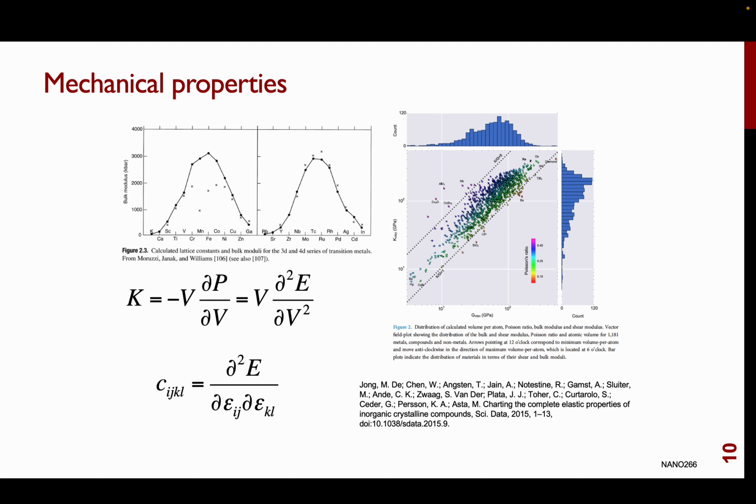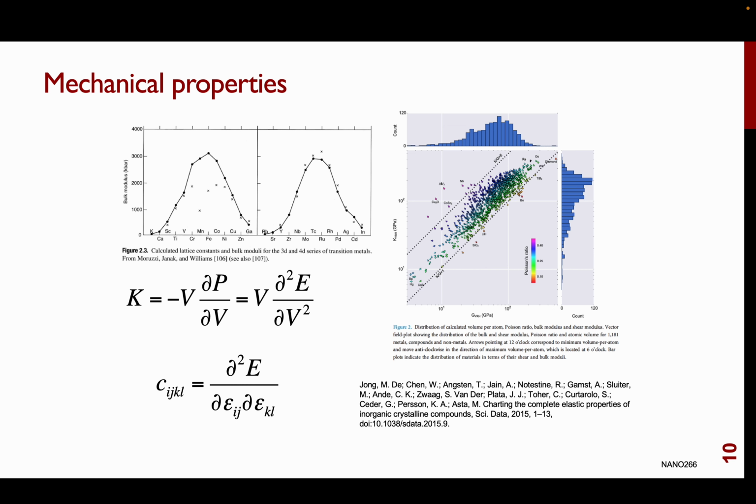All right, now from our energy versus volume curve, you can also get some of the mechanical properties of your periodic solids. In the last part of your lab number 2, this is something that you will be doing, okay?